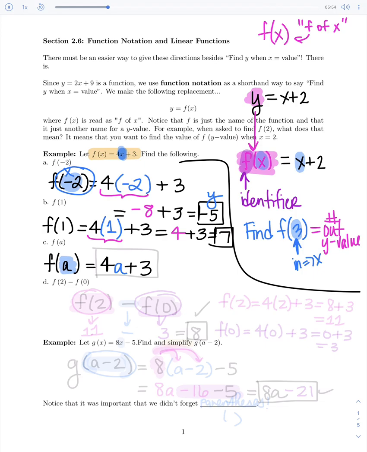Remember, we left 4x plus 3 as is because the 4x and the 3 were not like terms. You couldn't add them. The 4a and the 3 here are not like terms either. You cannot add them. So this is it. All you can do is replace the x with an a. You can't add or subtract anything because there aren't any like terms.